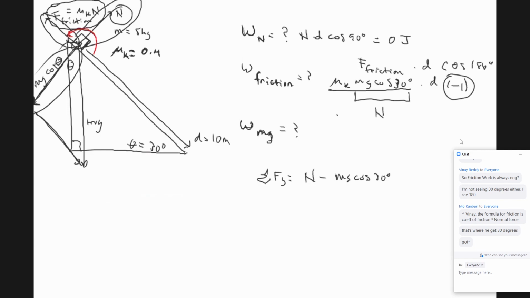Vinay, you're still confused? No, I'm catching along. Okay. Does that make sense where I got it from? I just skipped that step in the interest of saving time and not repeating summation of forces again, so I didn't go over it again.